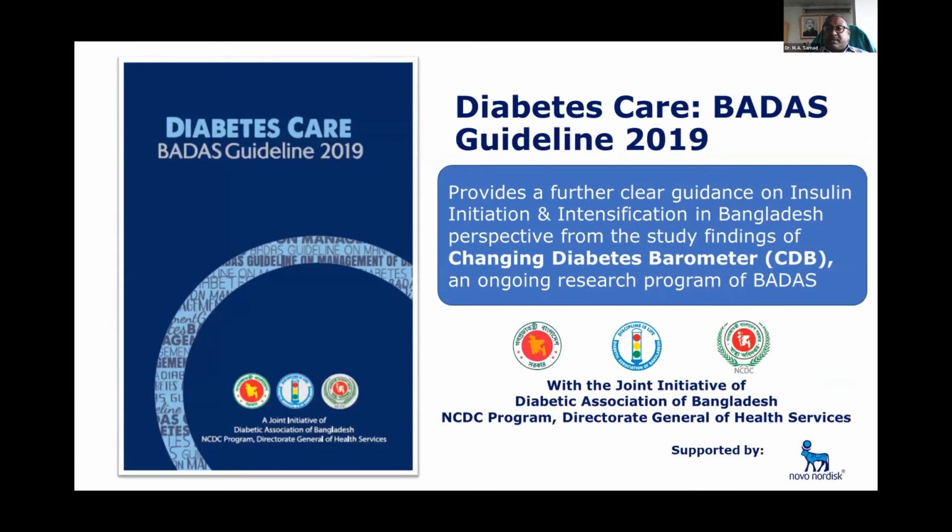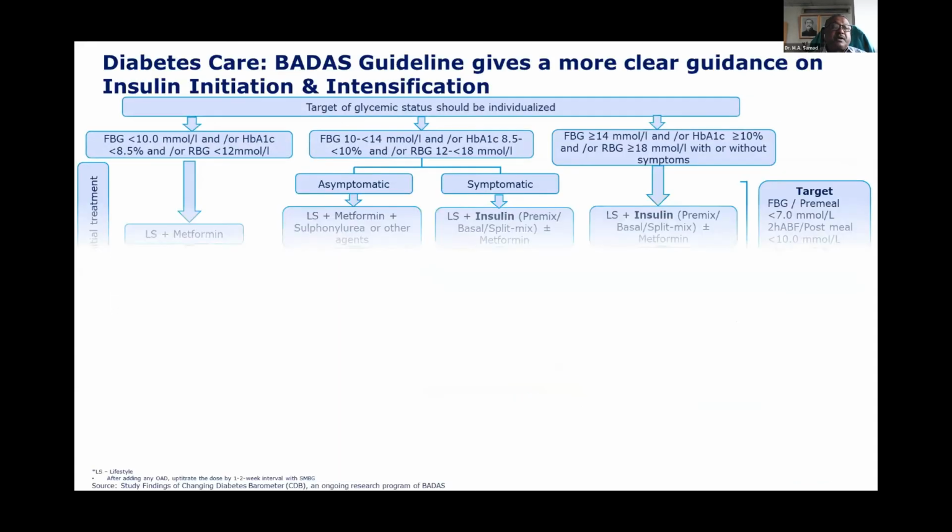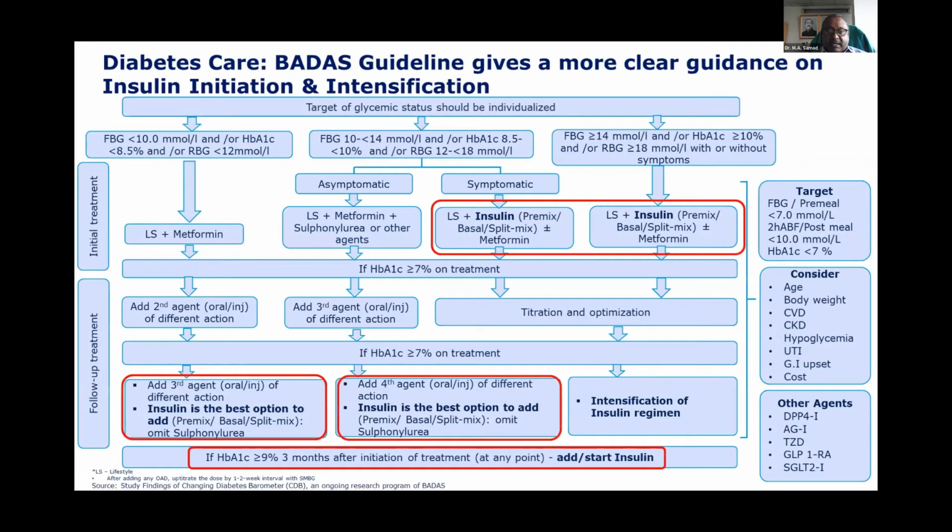You know, the Bangladesh Diabetic Association set forth a guideline in 2019. It is a joint initiative of the Diabetic Association of Bangladesh and NCDC, the Non-Communicable Diseases Control Program, Directorate General of Health Services of the Government of Bangladesh. It looks like a very complex algorithm, but I'm choosing the key points.